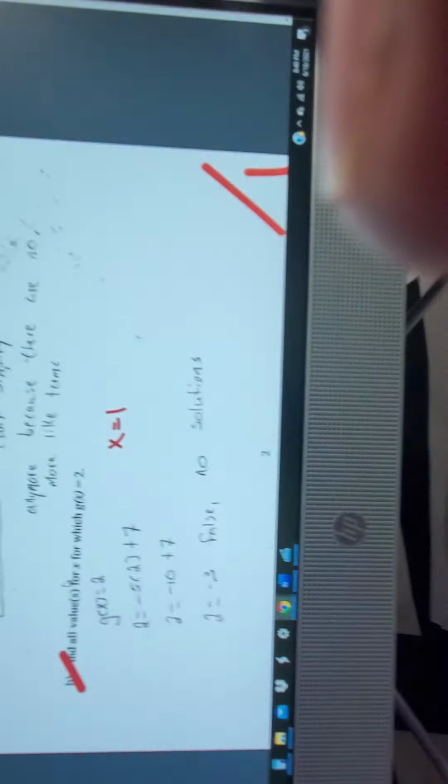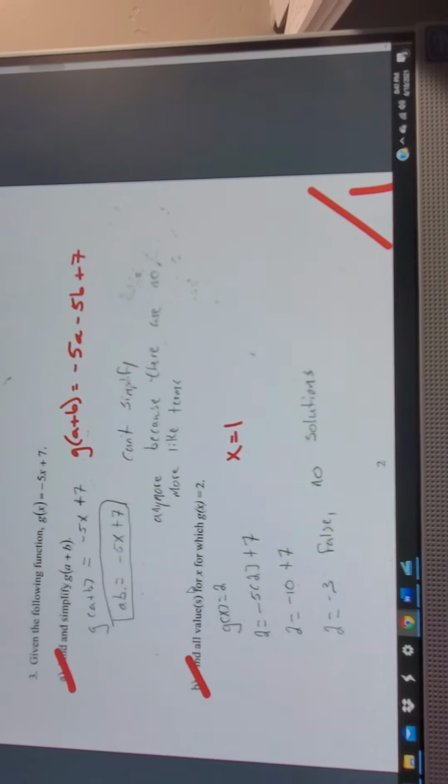Alright, the next one that I got wrong was 3a, and this, once again, I just did not read the right way that I should have. So I'm going to write this as g of a plus b equals negative 5. And the way I put it was 5x, which is not the case because we are substituting.